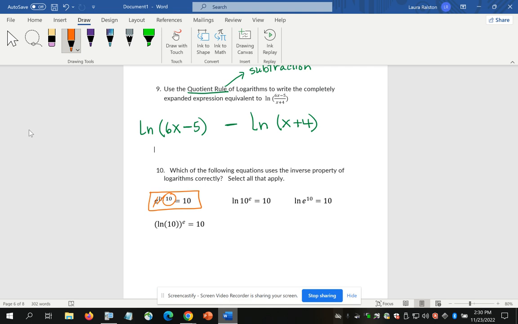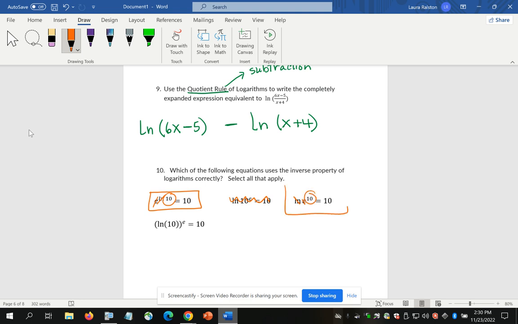Natural log, which is base e, of 10 to the e. Nope, that's not a natural log and an exponential with the same base. That doesn't work. Natural log, which is base e, of exponential base e of 10. That one works. They're both the same base.